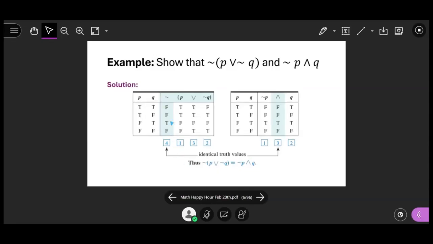In this example, the last column that was created was false, false, true, false. And on the right side, the last column was false, false, true, false. If we compare those two columns, we can see that we got the exact same answer. So we say that these two statements are equivalent, and the symbol for equivalent is these three horizontal lines.